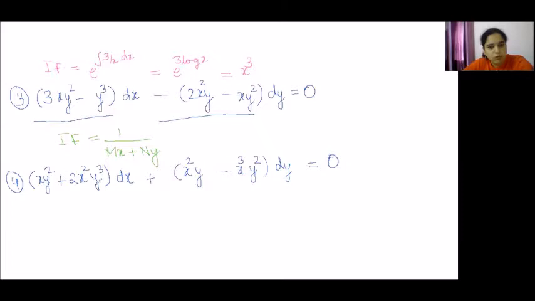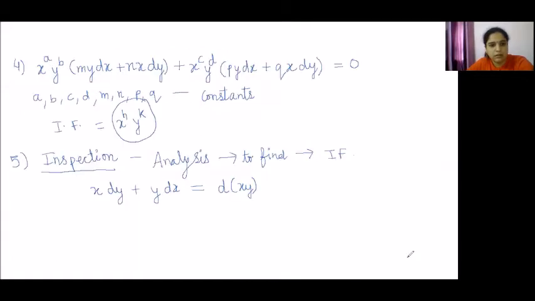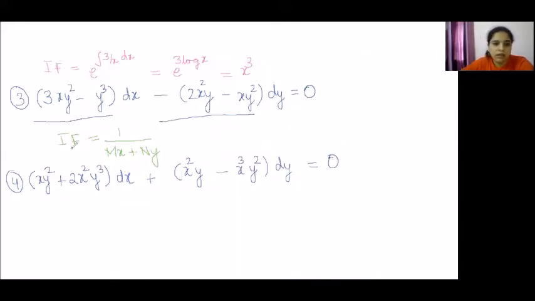So that is also not possible here. So we can check for the fourth rule. Now see here we have 4 terms, but they should be arranged in this manner, y dx, x dy. So let us see whether it is possible to arrange it in this form.